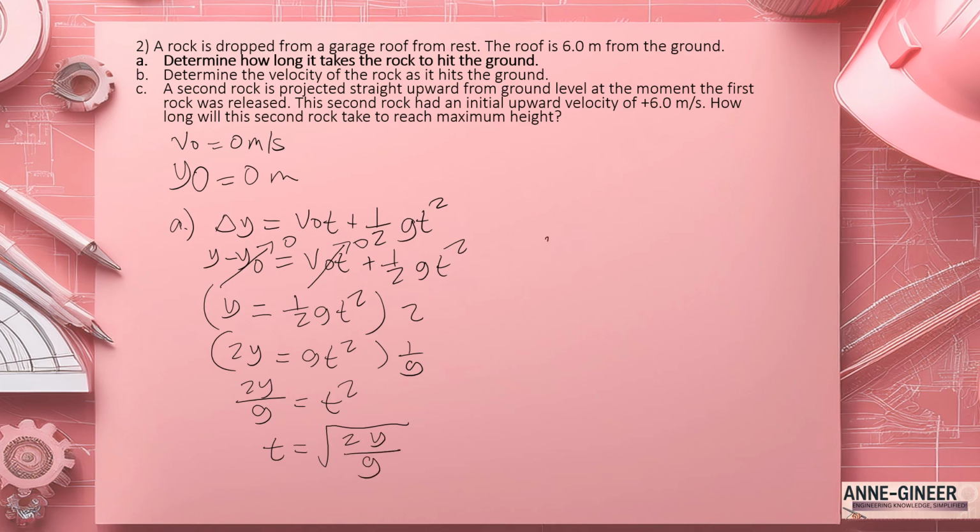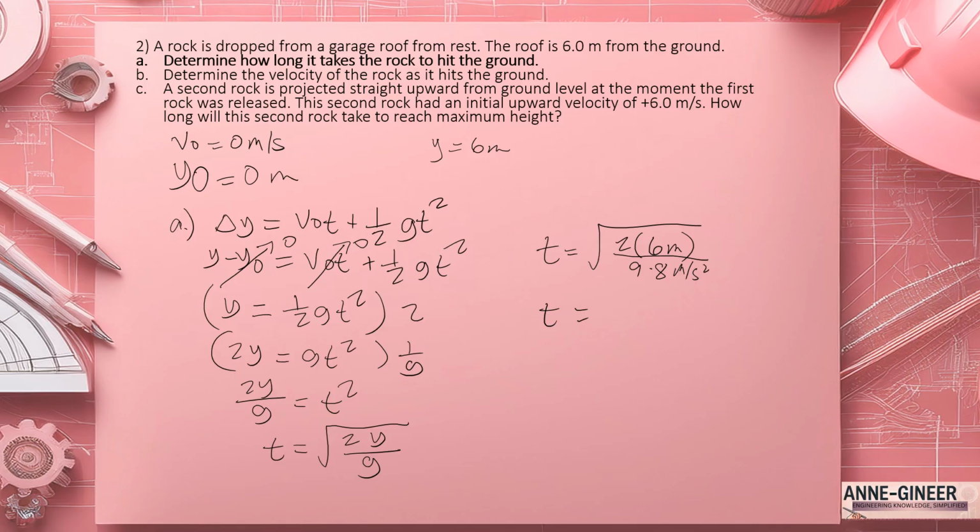Solving for t, we have the square root of 2 times 6, so y is equal to 6 meters, over 9.8 meters per second squared.